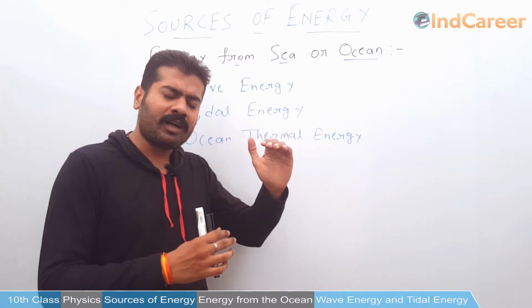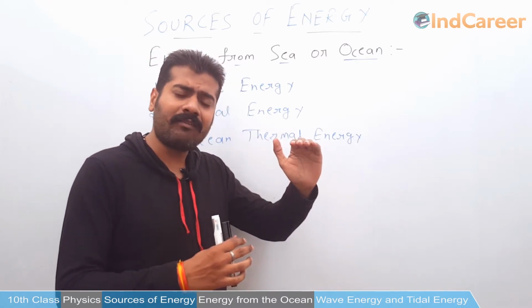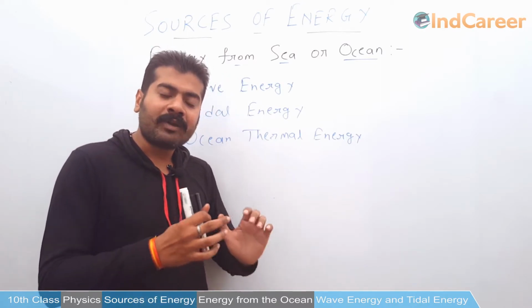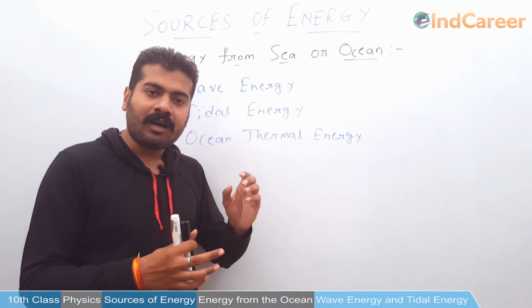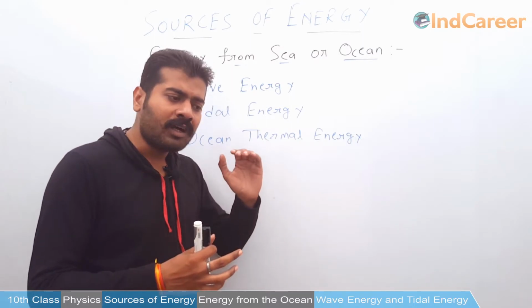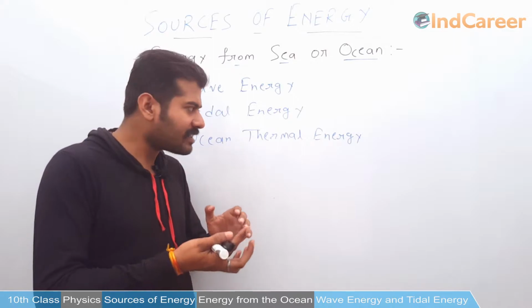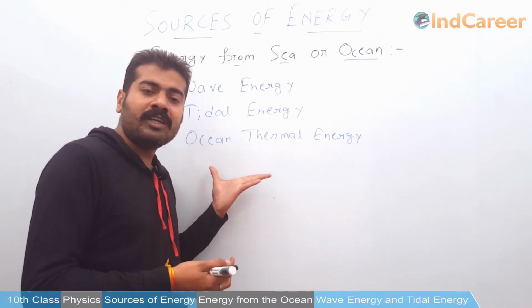At the higher level of the water, the temperature will be higher, and in the lower level the temperature of the water will be very much less as compared to the top layer of the ocean. So that temperature difference is actually the thermal energy of the ocean.